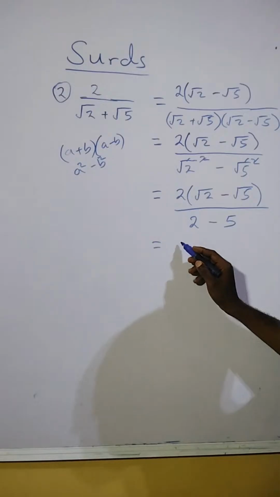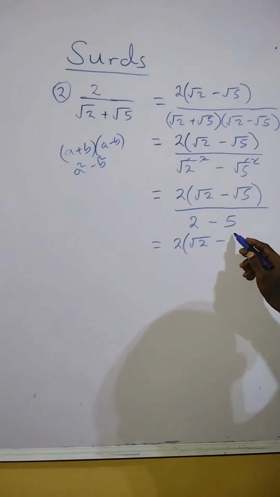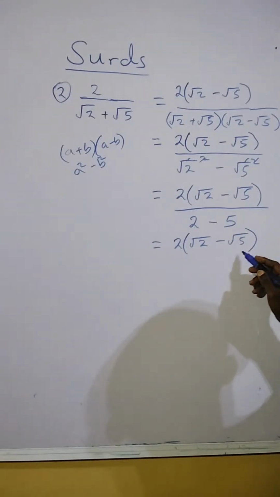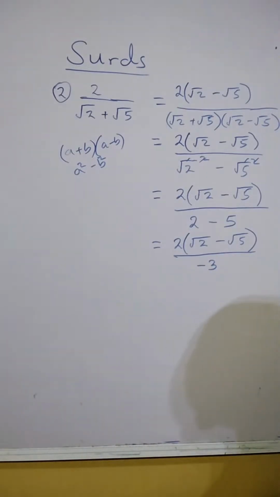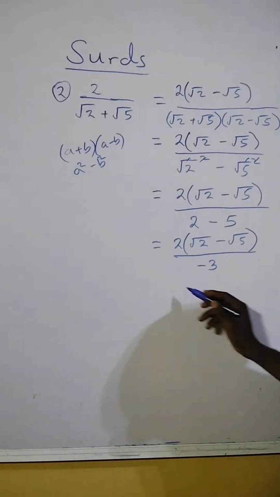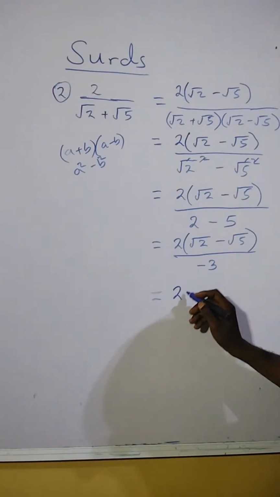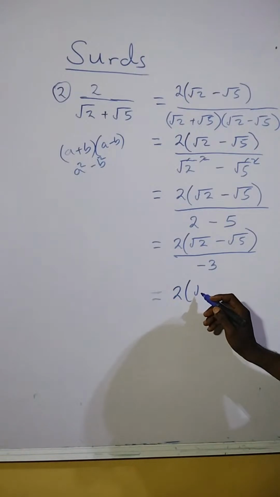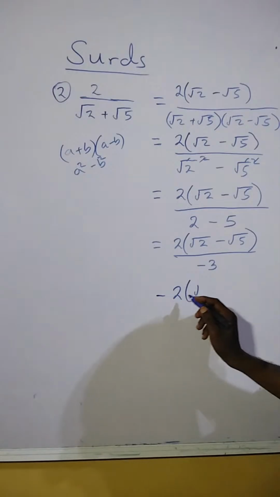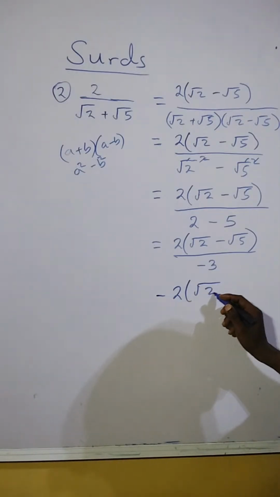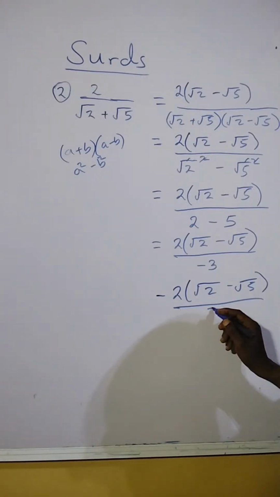That is, here we have 2 into bracket root 2 minus root 5 over 2 minus 5, minus 3. This minus can come to the front, becoming minus 2 into bracket root 2 minus root 5 close brackets over 3.